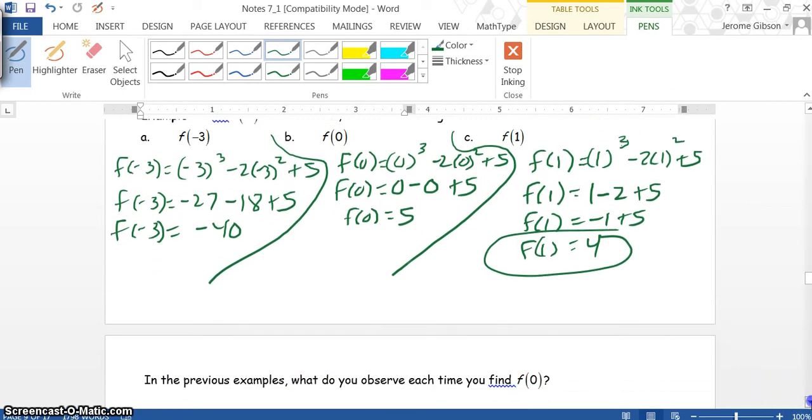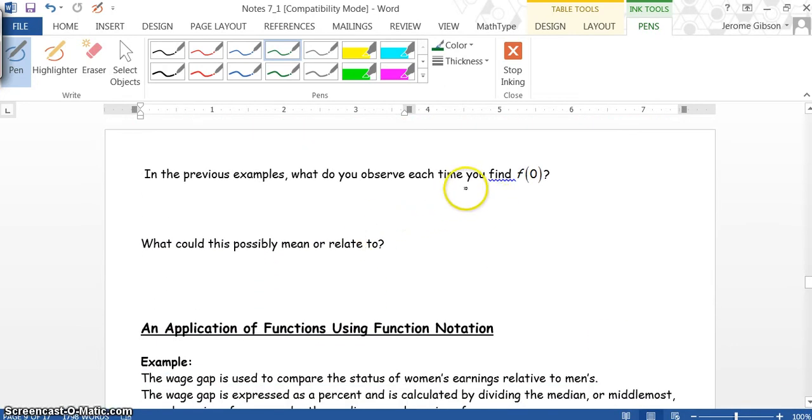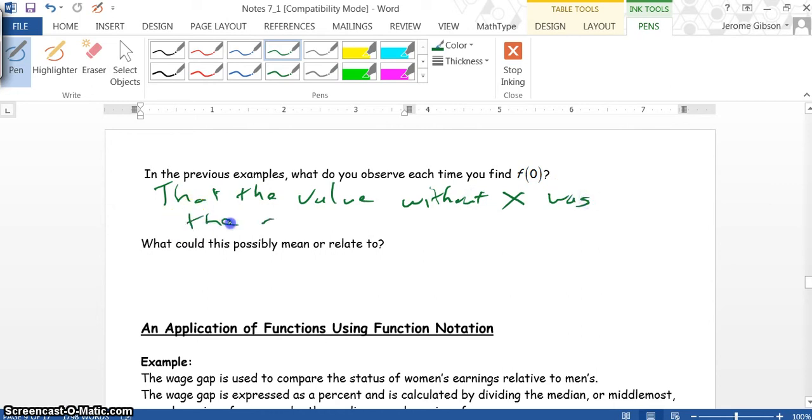Now we scroll down. It says, in the previous examples, what did you observe each time you found f of 0? That the value without x was the answer. What could this possibly mean or relate to?